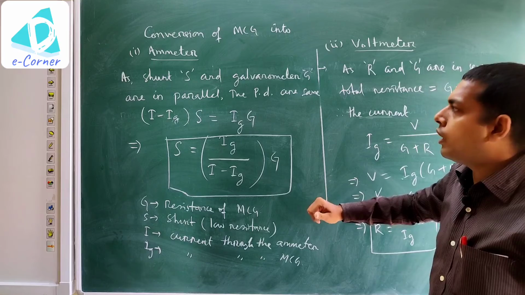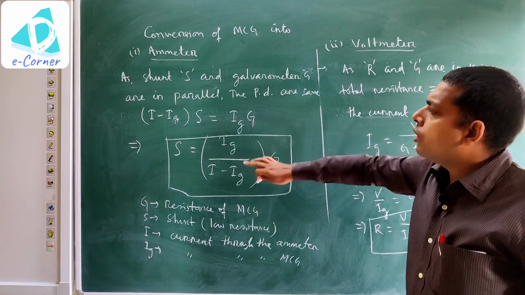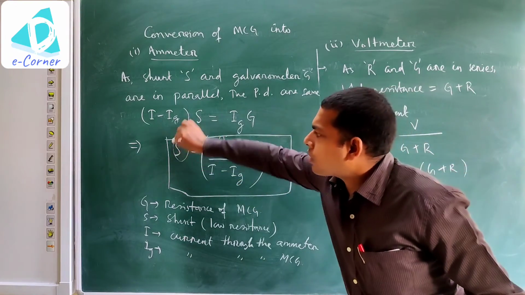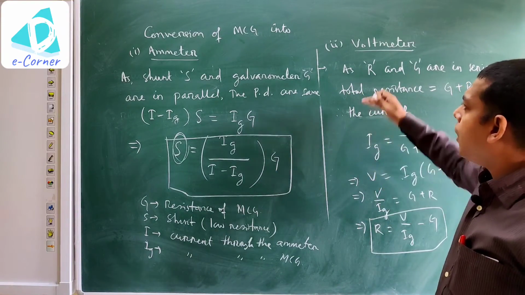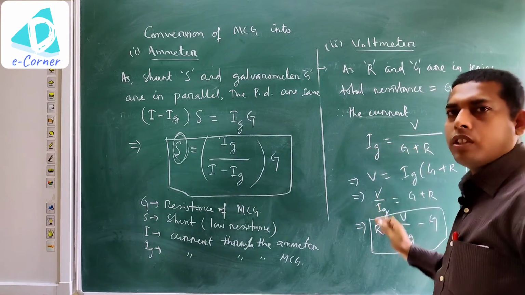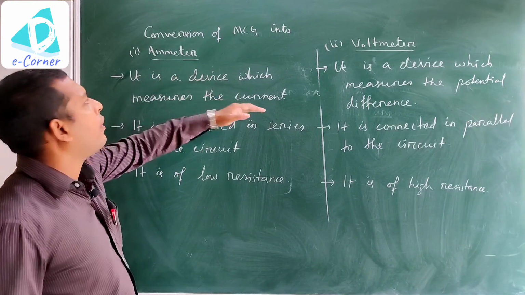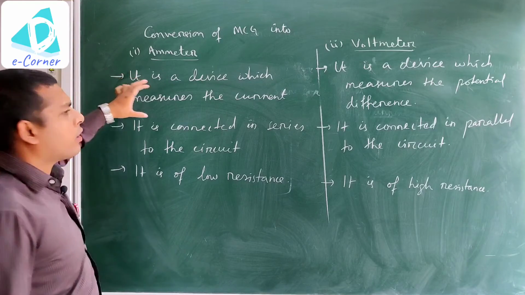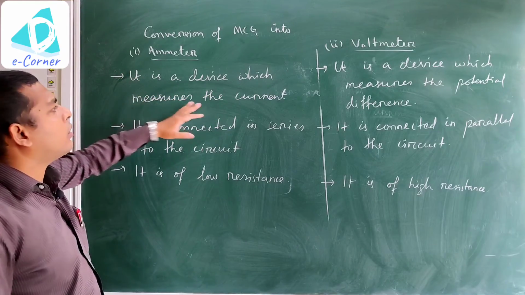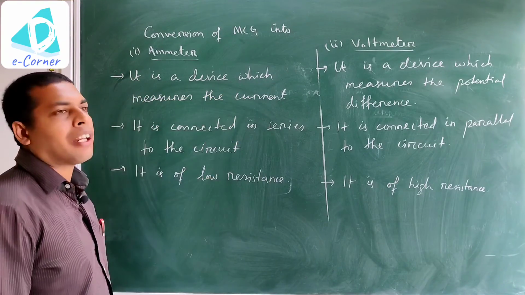Remember that in this case a low resistance is connected in parallel, whereas in this case a high resistance is connected in series. There are some differences between ammeter and voltmeter. First of all, the definition. An ammeter is a device which measures the current through the circuit.